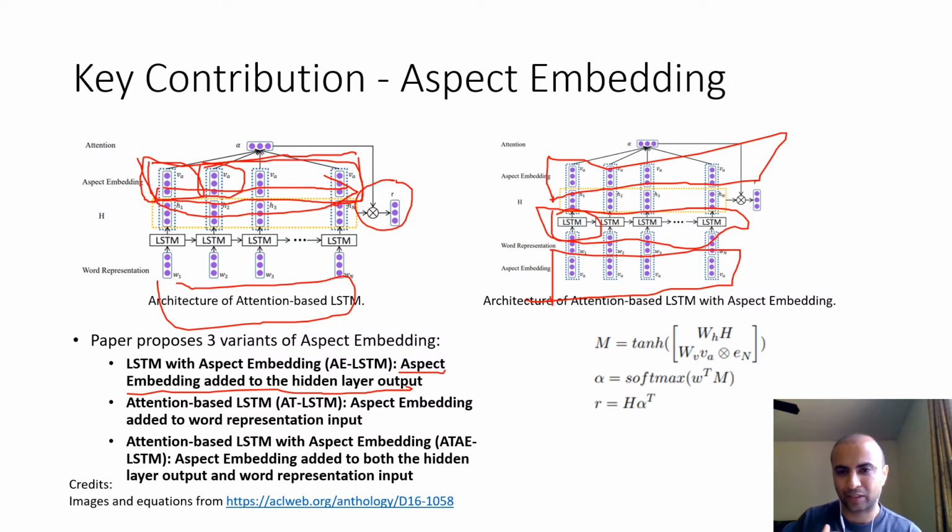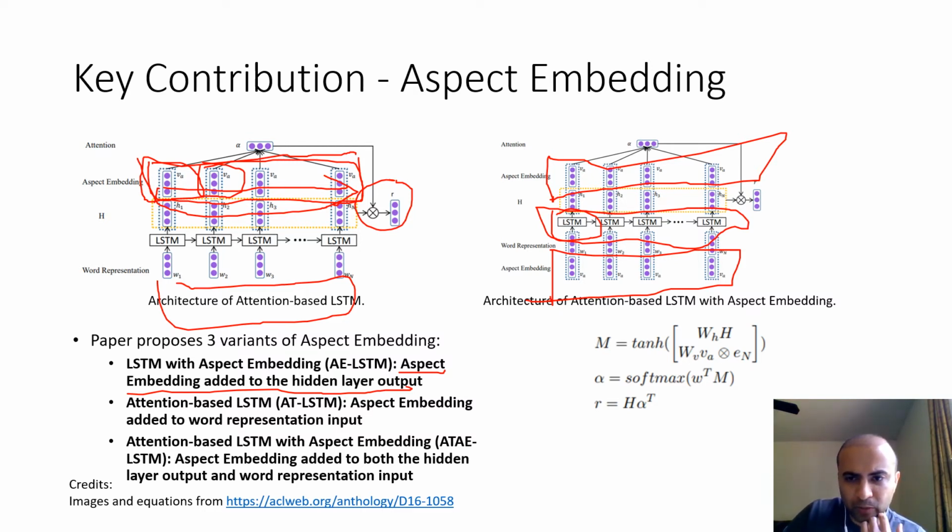I think it's a wonderful idea, and the paper claims that this is the first time someone has thought about embedding aspect in the word representations as well as in the hidden layer aspects, which is very, very innovative. And simple calculations here.